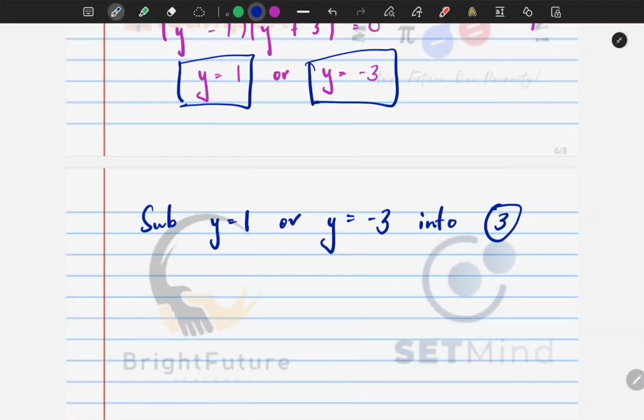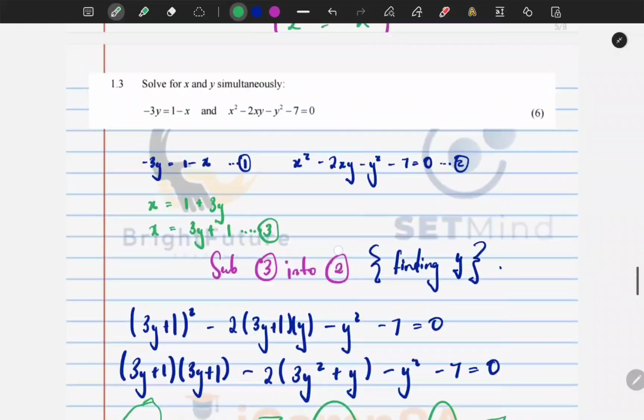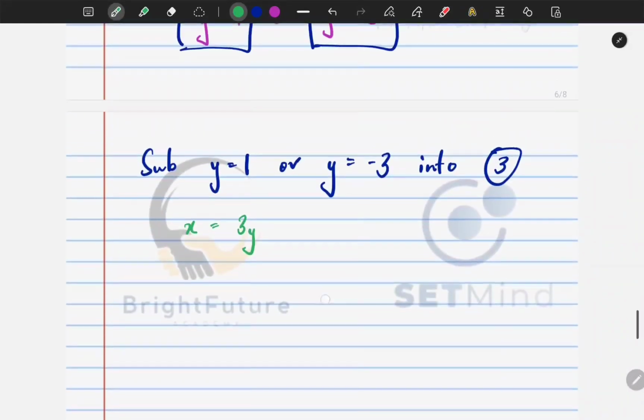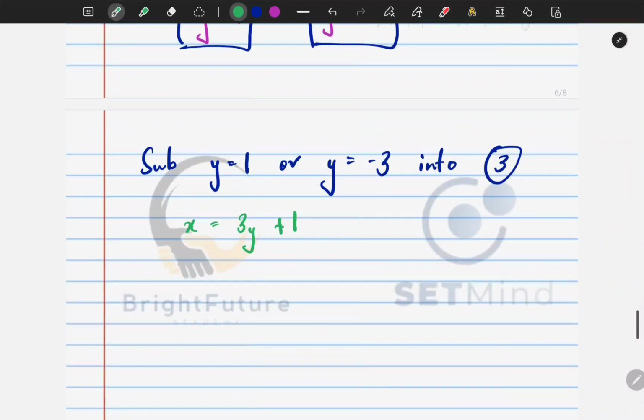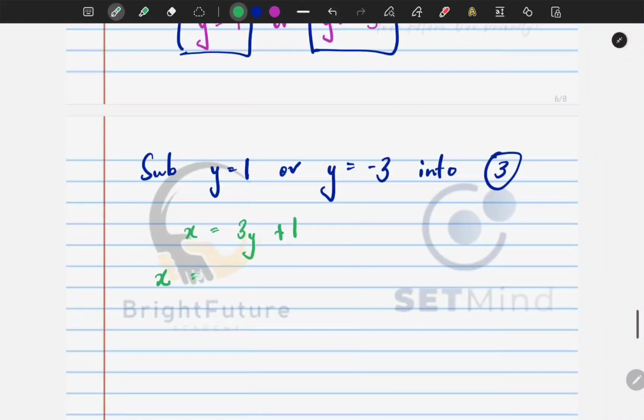So equation 3 was x is equals to 3y plus 1. So now wherever I see y, I'm going to substitute 1. So I'm going to start with this one.